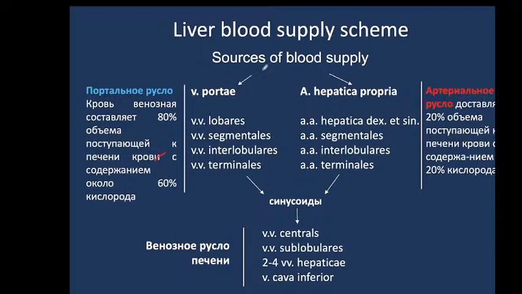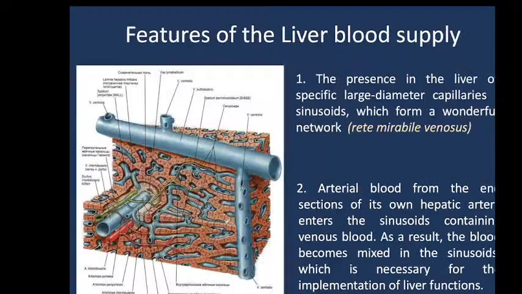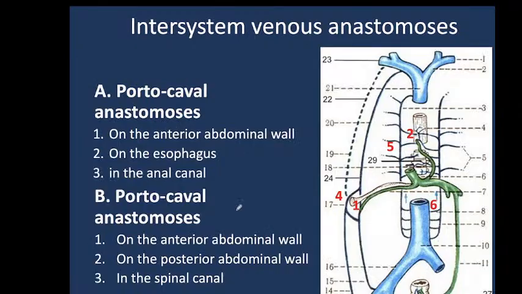Here is the explanation of liver blood circulation. It forms from portal systems and arterial systems, and then after circulation in microvessels, forms the venous system of the blood.